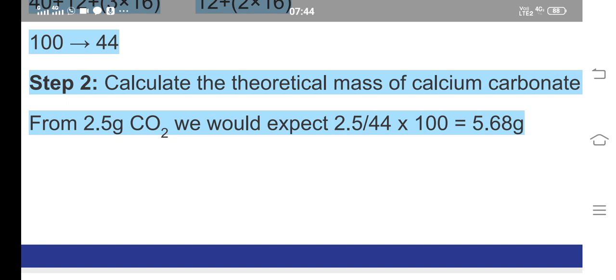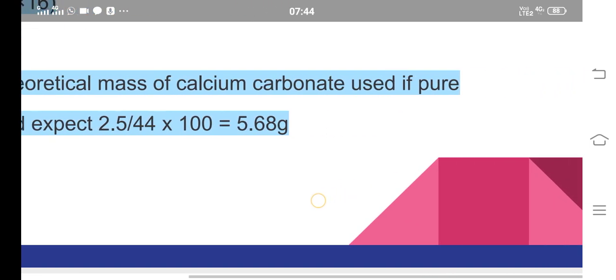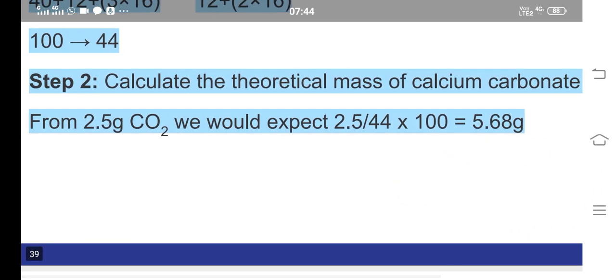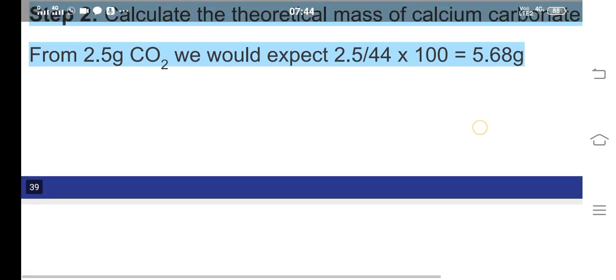Step 2, calculate the theoretical mass of calcium carbonate used if pure from 2.5 gram carbon dioxide. We would expect 2.5 divided by 44 into 100, and that will be 5.68 gram.